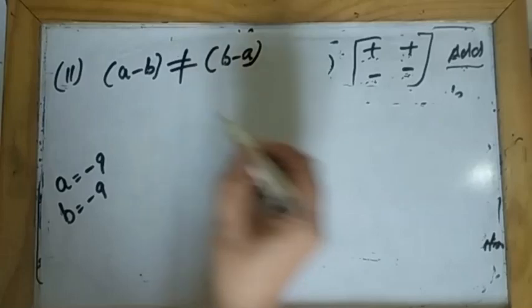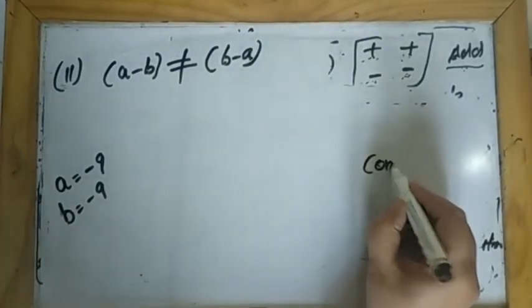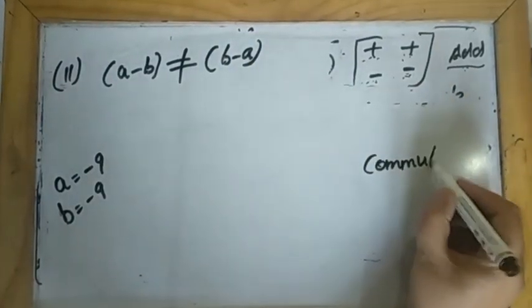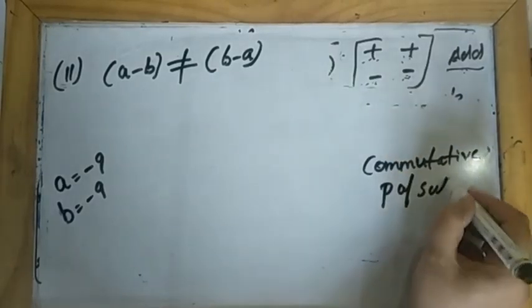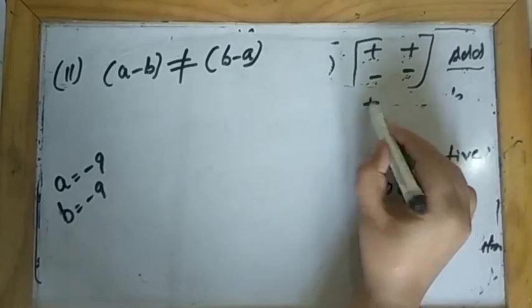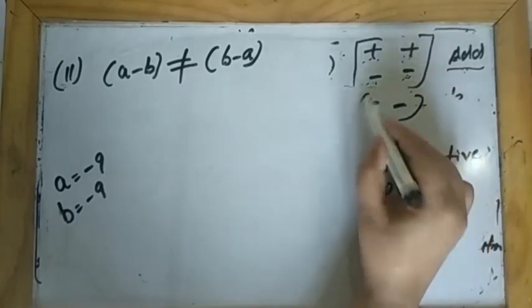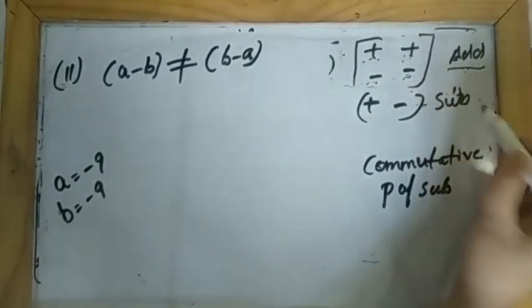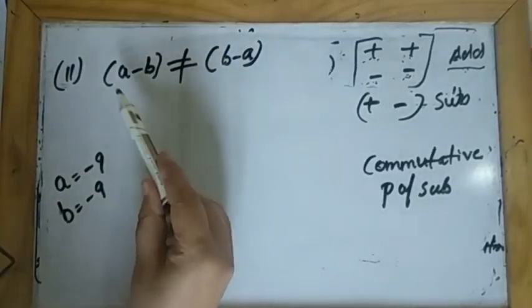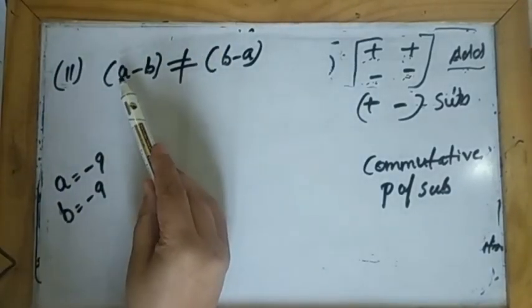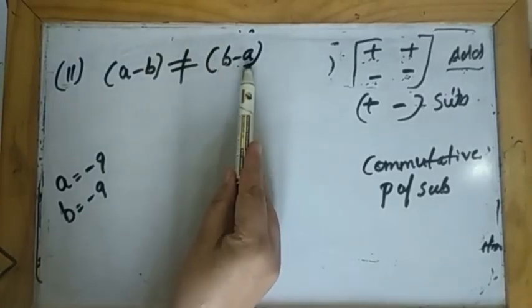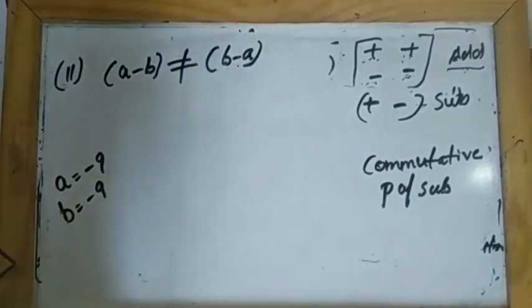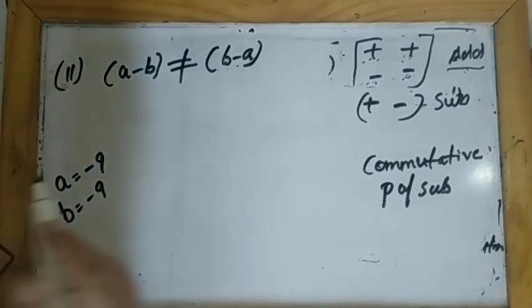The commutative property of subtraction. Commutative property of subtraction. It says that if I subtract two integers and change the order of the integers, the answer is not the same. So this is commutative property of subtraction.